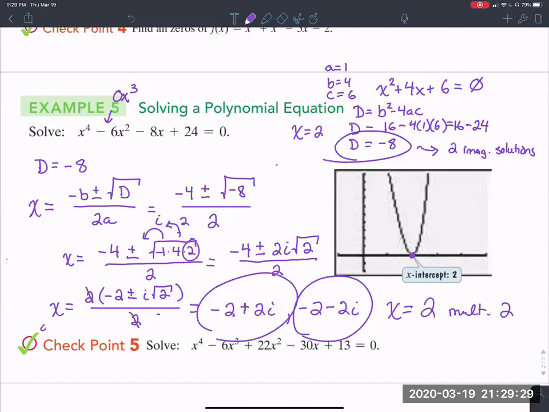Now, I know this seems like a lot, but let me go through it one more time. The first thing we did was graph it, and we saw that it touched the x-axis at 2. Since it touched and didn't cross, we know it had a multiplicity of either 2 or 4. So we did synthetic division with a known zero, x equals 2, not once but twice.